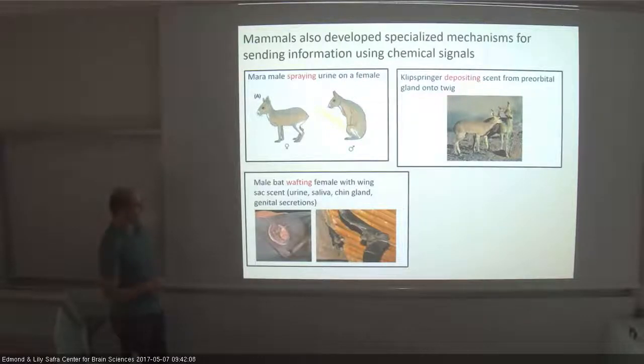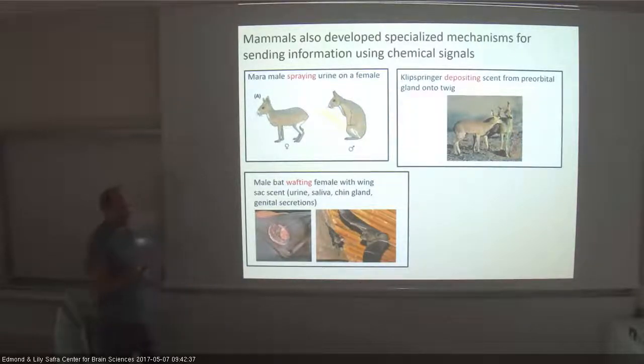And this is a very extreme example. It's called a wing sac bat. I think it's also South American. You have a lot of these South American examples here. What the male has is a little sac on the wing, and the sac serves to collect all kinds of different secretions like saliva and feces and urine, and it's all mixed there, and it ferments probably.